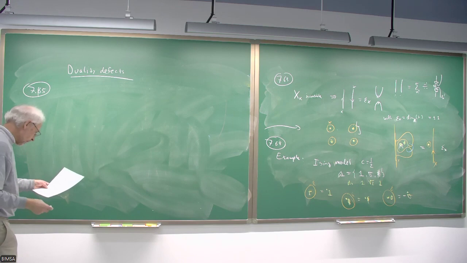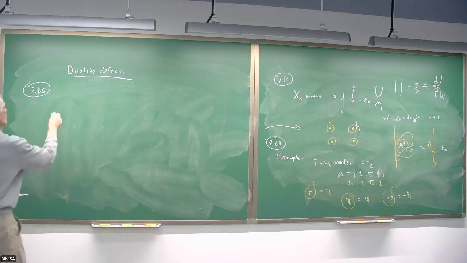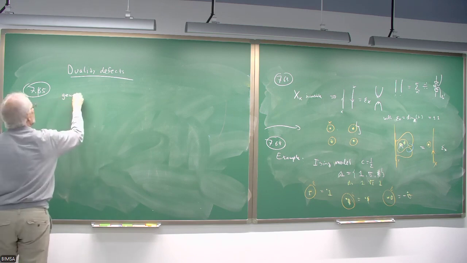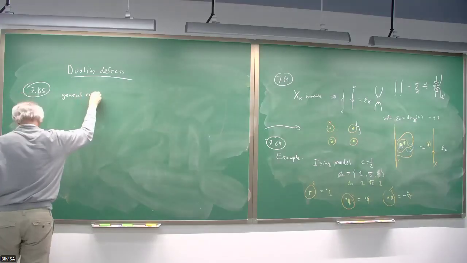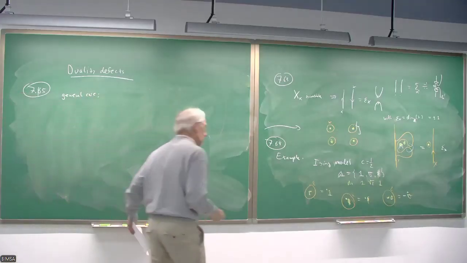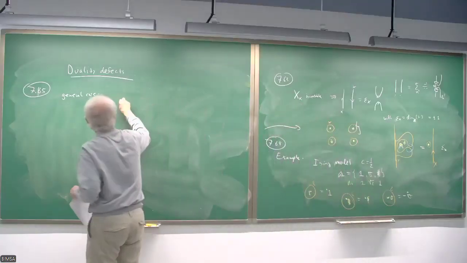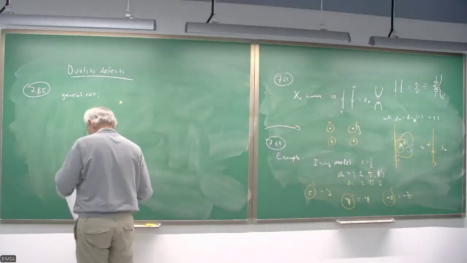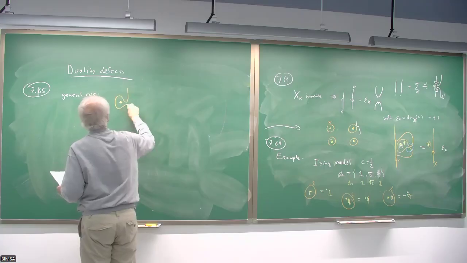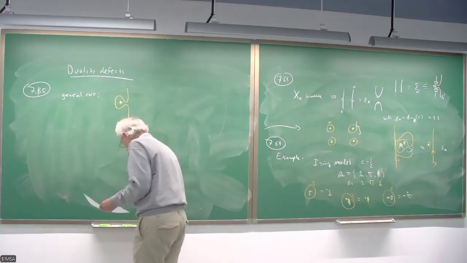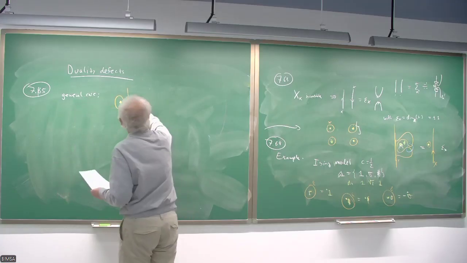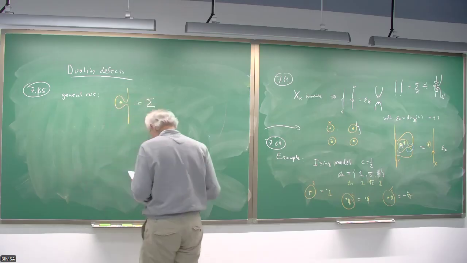Now, remember that in the general case, we have a bulk field, and then we can look at the effect around it. I omit all labels now to save some time.